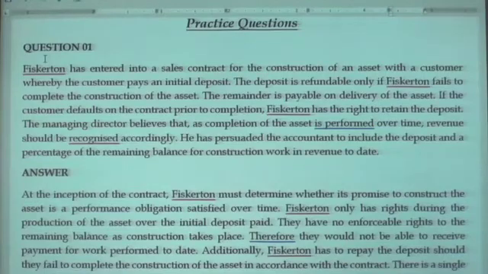Because if the customer defaults, you will retain the asset and you do not refund the advance. That means until the customer makes the full payment, control is with you. Is that clear? Therefore, what do you need to do for the advance? Yesterday I told you. It shall be recognized as a contract liability. Is that clear? Okay.